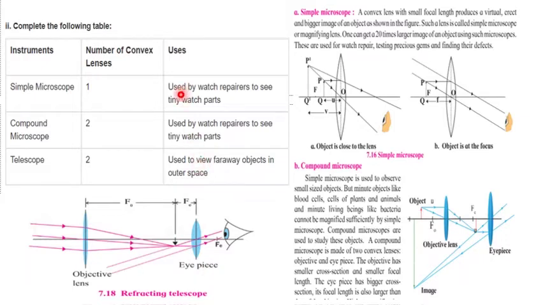Here the uses. The simple microscope is used by the watch repairer to see tiny watch parts. Why? Because the simple microscope gives a 20 times larger image of the object. So it is easier for the watch repairer to see tiny watch parts.